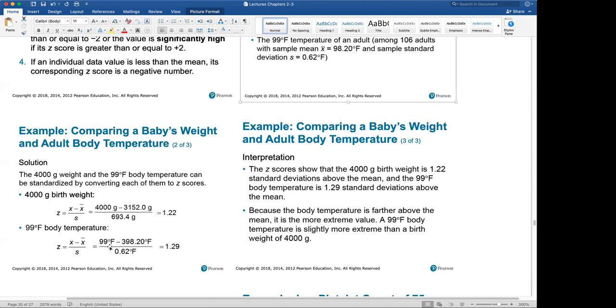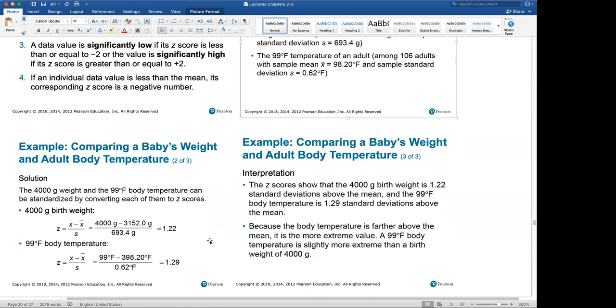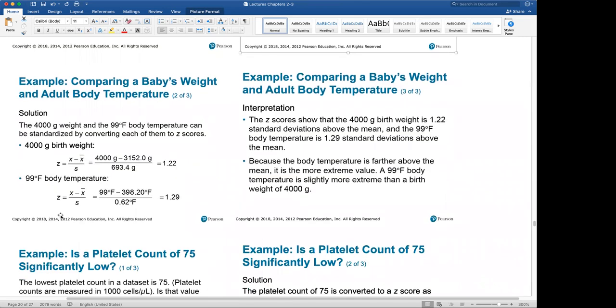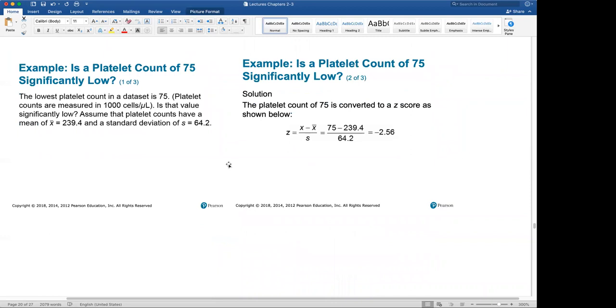But since its z-score is greater than the z-score for 4,000 grams, that means the 99 degrees Fahrenheit temperature is a more extreme value than 4,000 grams. Okay.